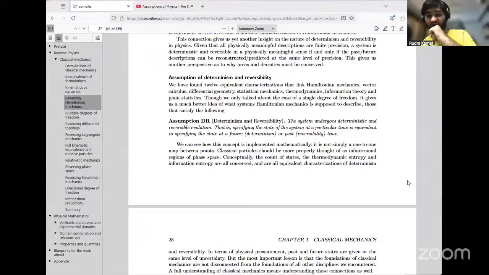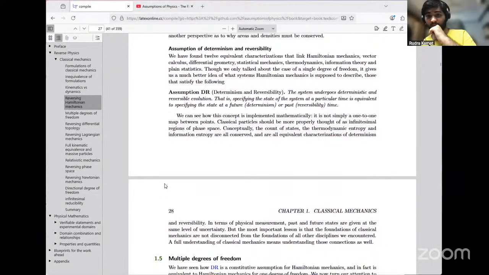Those that satisfy the following. Assumption DR, determinism and reversibility. The system undergoes deterministic and reversible evolution. That is, specifying the state of the system at a particular time is equivalent to specifying the state at a future (determinism) or past (reversibility) time.